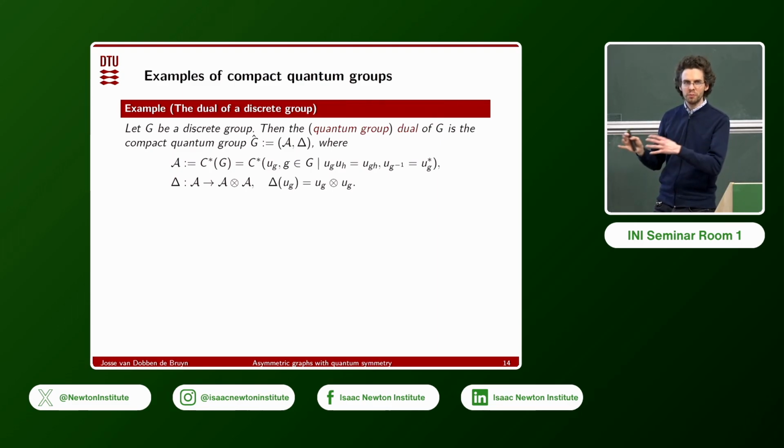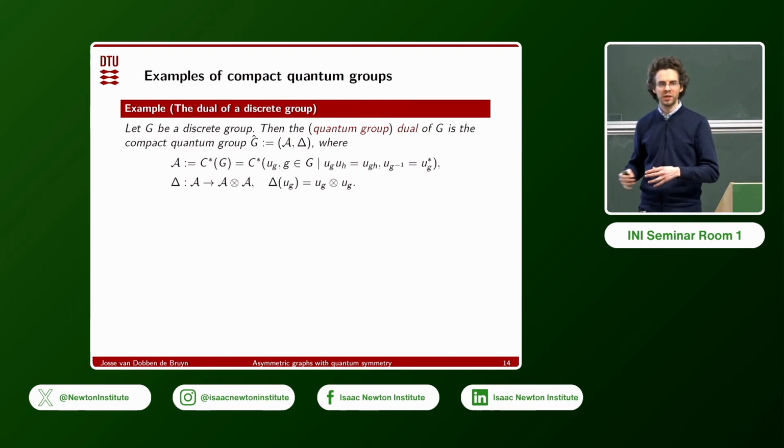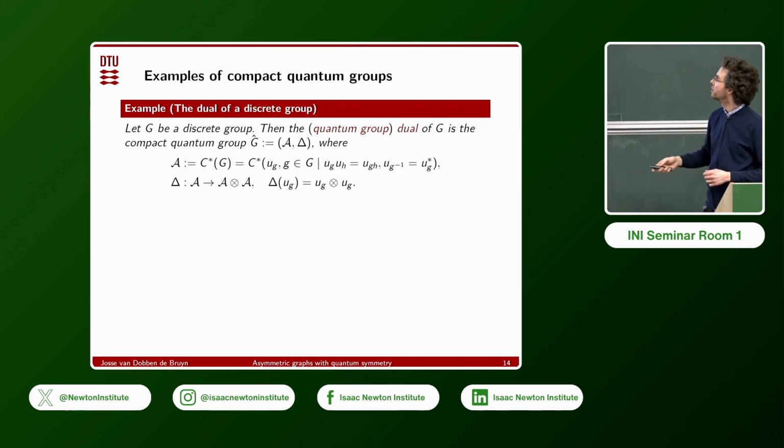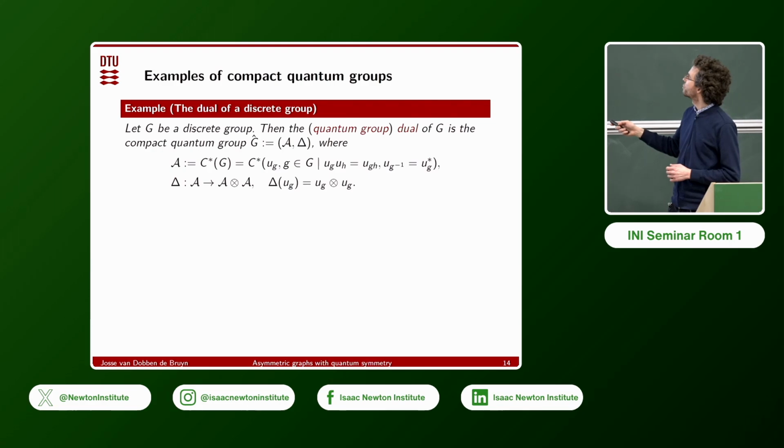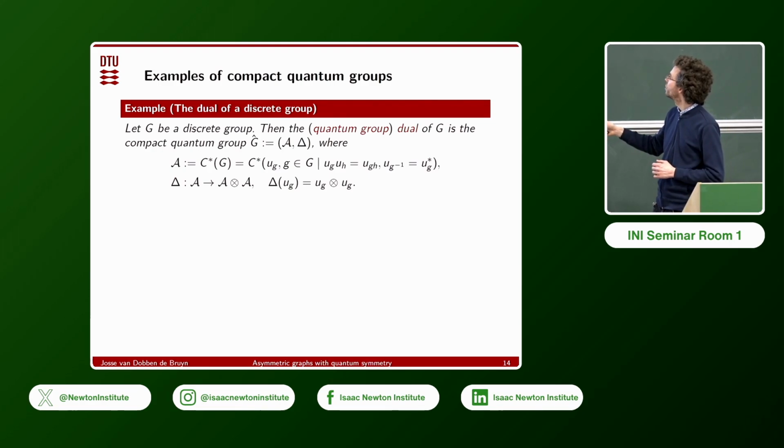I'm going to give two examples now of compact quantum groups that come up in our construction of asymmetric graphs with quantum symmetry. The first is the dual of a discrete group. So if we have just a group with no topology, a discrete group, then the group C-star algebra can be turned into a compact quantum group with, well, this co-multiplication.